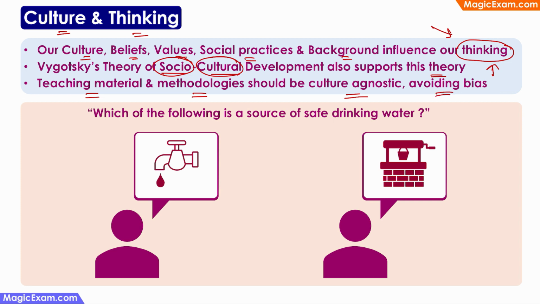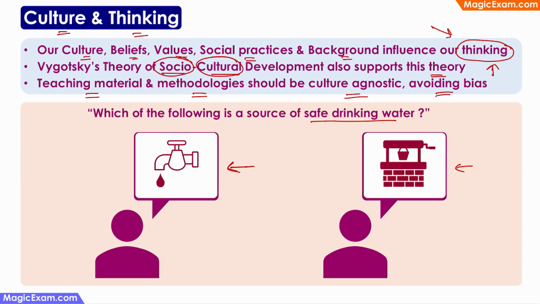For example, if I am from an urban background and if I am creating a question for an exam, and the question is, which of the following is a source of safe drinking water? Now, the correct answer that I am expecting is tap. But a child from a rural background is taking the same exam and he writes that the source of safe drinking water is a well. So if I look at it from an urban background, then tap might be the correct answer.